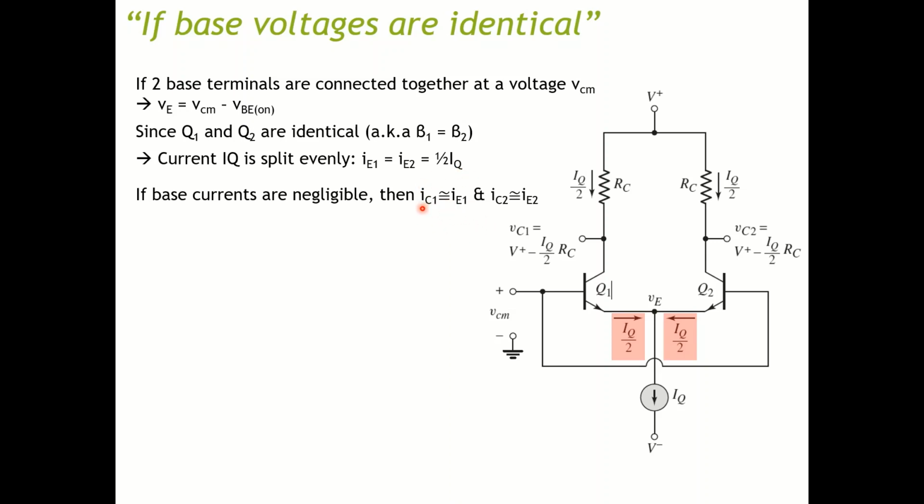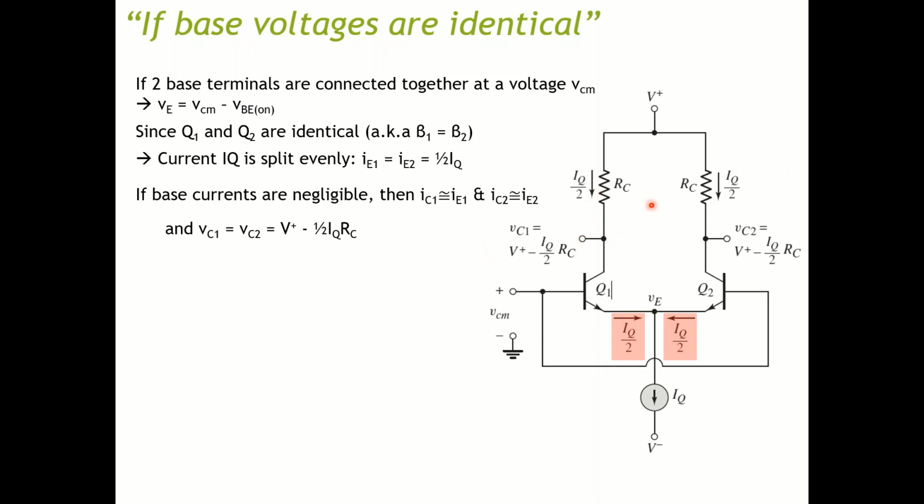Then you have IC1 equal to IE1, and IC2 equal to IE2. That's why the collector current is IQ over 2, and the same for the other branch.